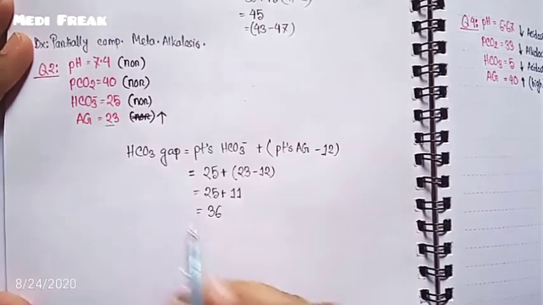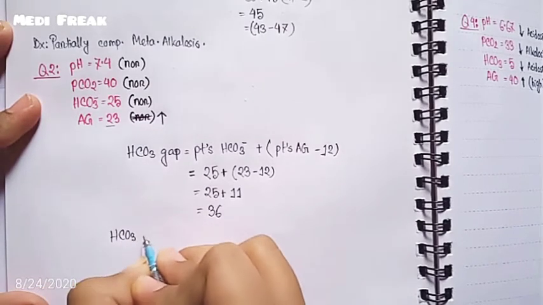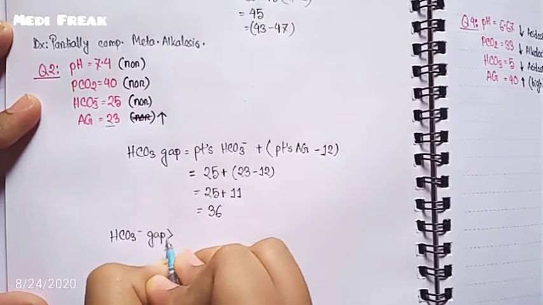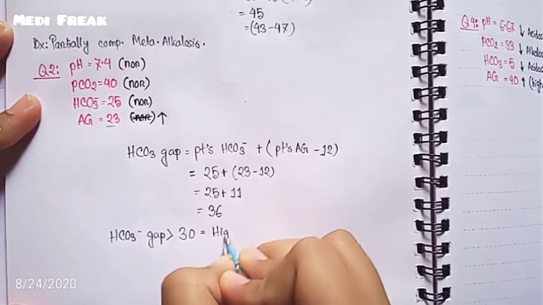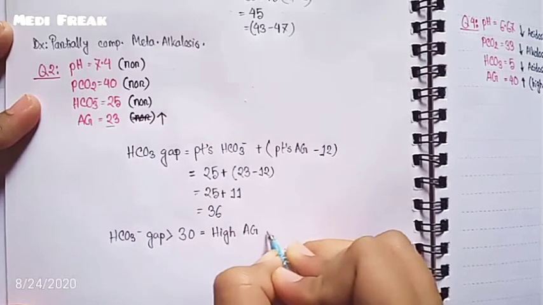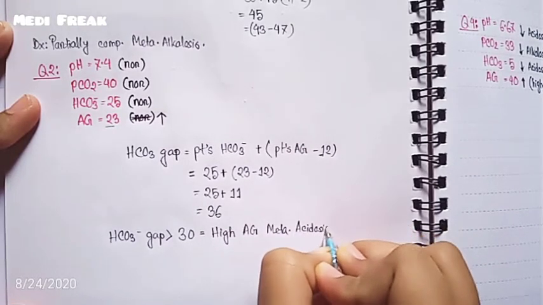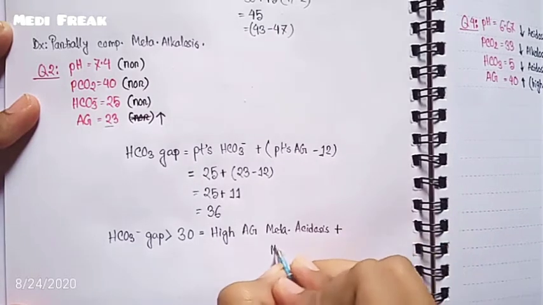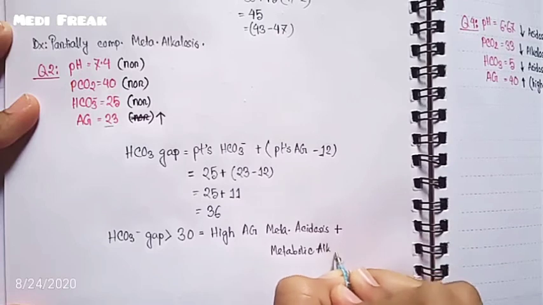Okay, it is 36. We know that if the bicarbonate gap is greater than 30, it is high anion gap metabolic acidosis plus metabolic alkalosis.